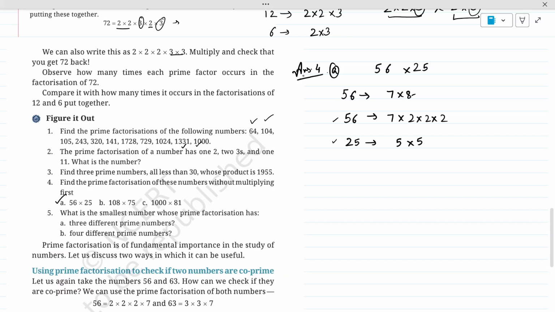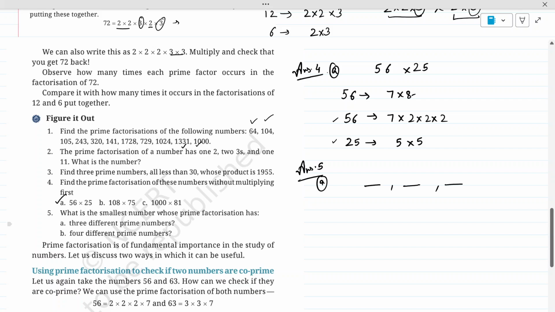Now coming to the last part, the last question of this exercise. What is the smallest number whose prime factorization has 3 different prime numbers? So what we need is 3 different prime numbers.